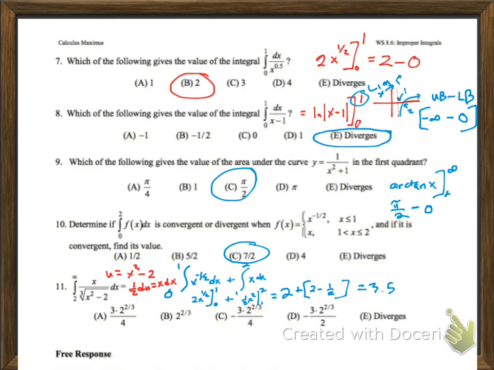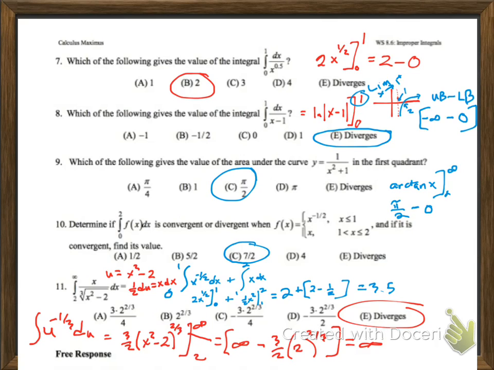Last, 11 is a good u substitution. Just make sure it's x squared minus 2 so you can get the full substitution. And if you do that, it's u to the negative 1/3. So antiderivative with u back in there. And then this one, infinity, I think I used the right notation this time. Did I? Nah, I just did it by.